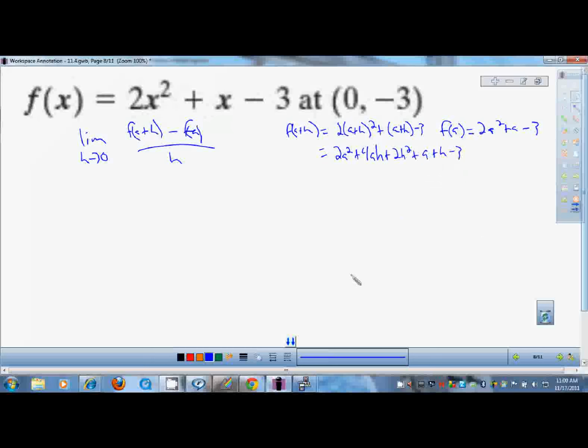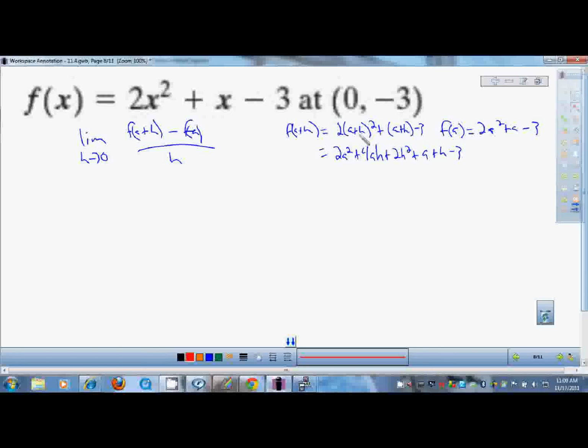Did I get all that? F of A plus H, I literally plugged A plus H in for every X. 2 times A plus H squared plus A plus H minus 3. That's all I did, I punched in A plus H for every X.